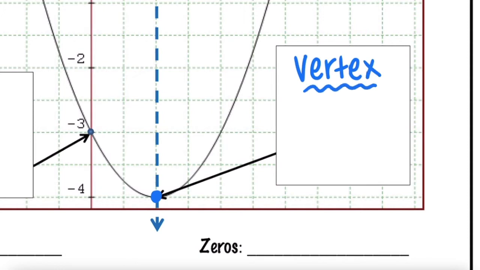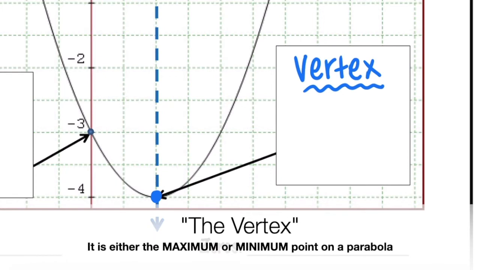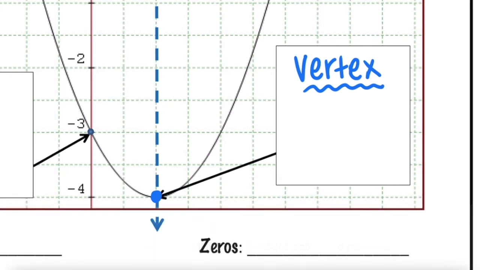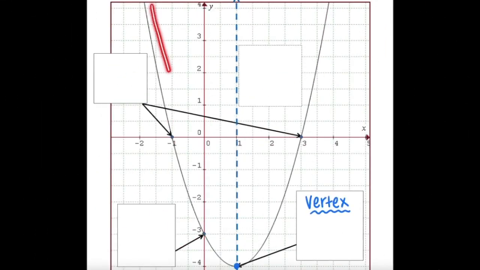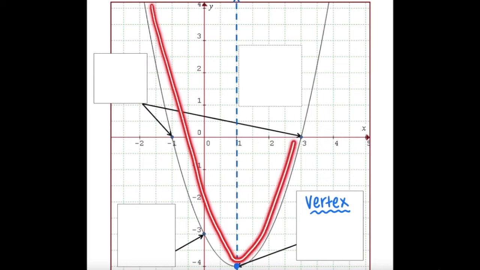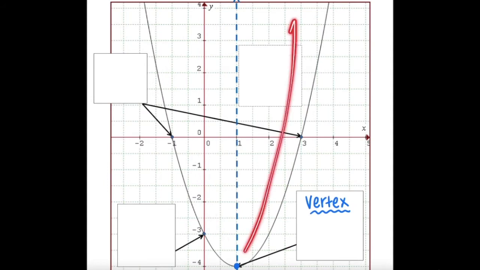Another reason why the vertex is unique is because it's always going to be the maximum or minimum point of the parabola, depending on which way the parabola is facing. So if I were to trace down from left to right, my parabola is decreasing. I hit the vertex, change direction, and now it is increasing. And all of my solution points are above this vertex.